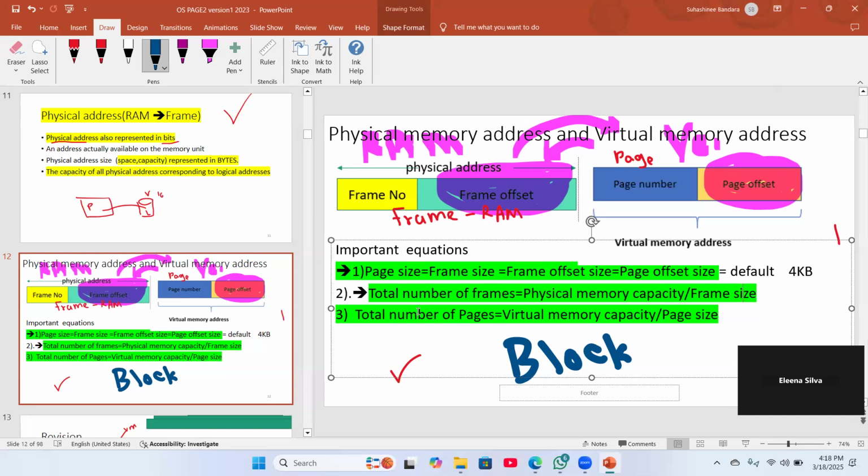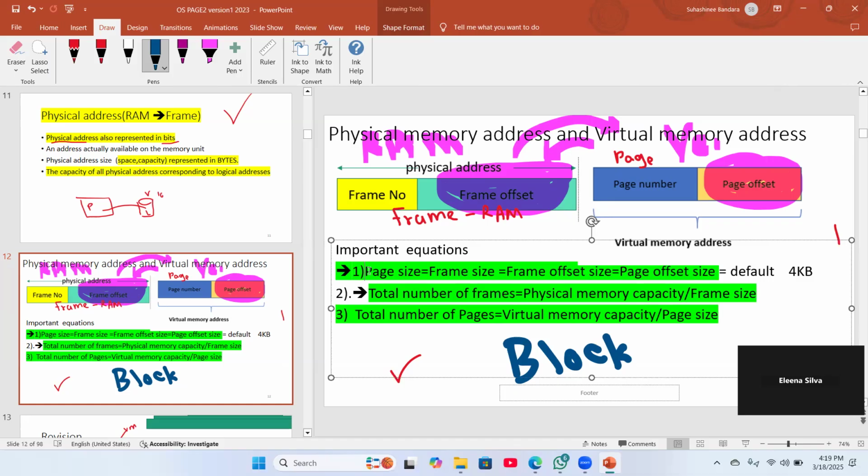Then we can find out how many frames there are. Then the total number of pages we can find out: the allocated space for the virtual memory, that is the capacity of the virtual memory, divided by the size of the page. Then we can find the number of pages. And another important thing, frame size equals page size.